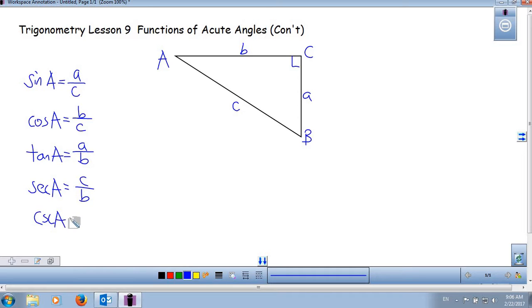Cosecant of angle A would be the hypotenuse divided by the opposite leg, and cotangent of angle A would be the adjacent leg divided by the opposite leg.